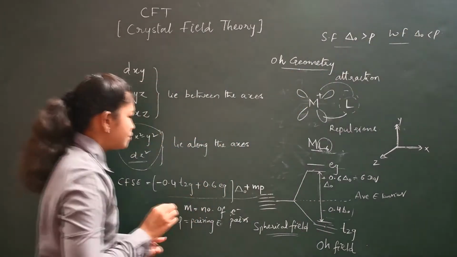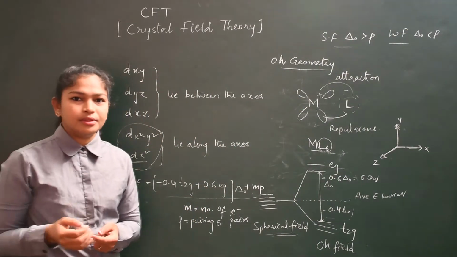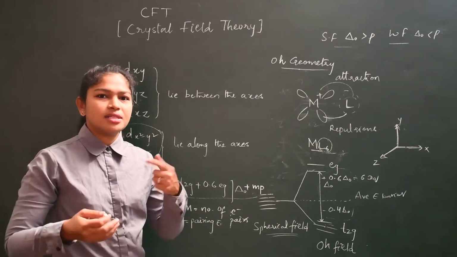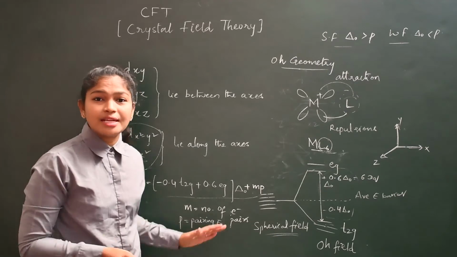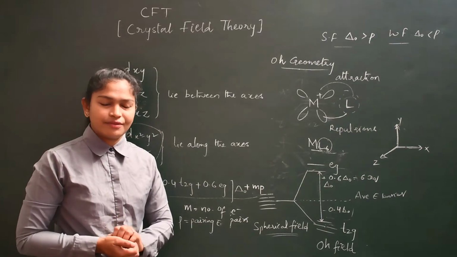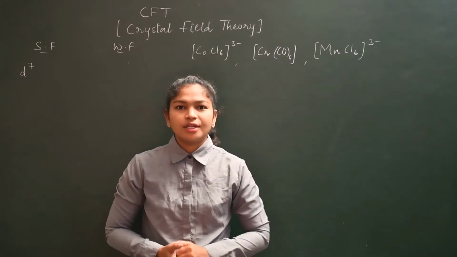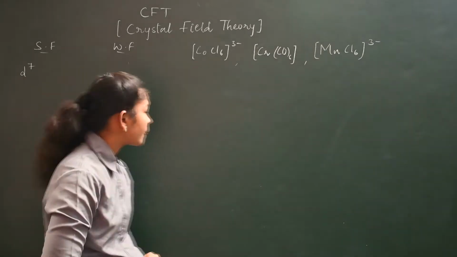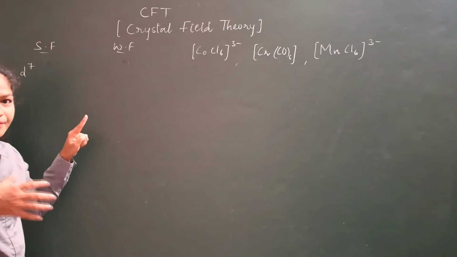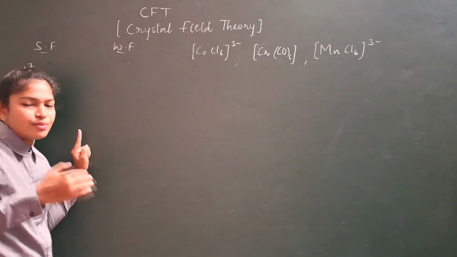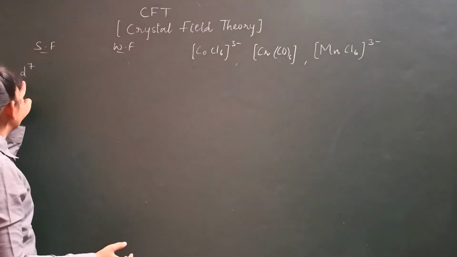Now I just want to show in a d7 system how we are going to fill the electrons in strong field and weak field, that we'll see now. So now you just look here. In strong field and weak field, we'll see the filling up and redistribution of electrons in the d7 system.